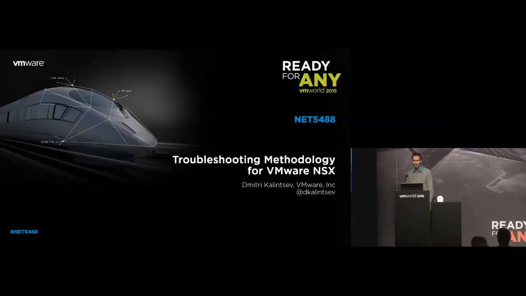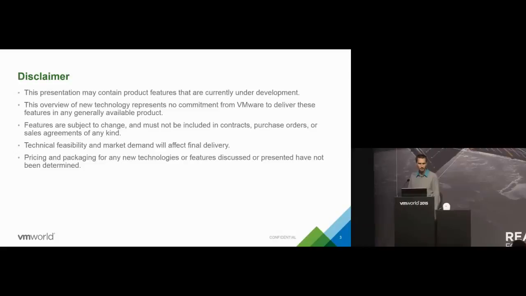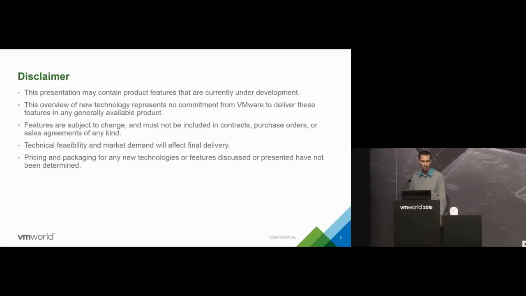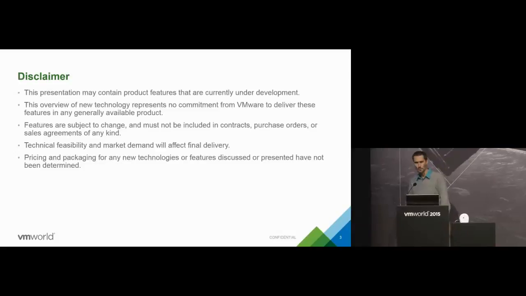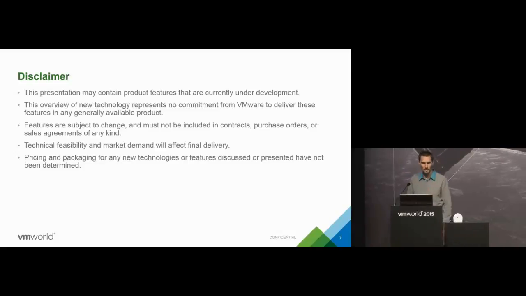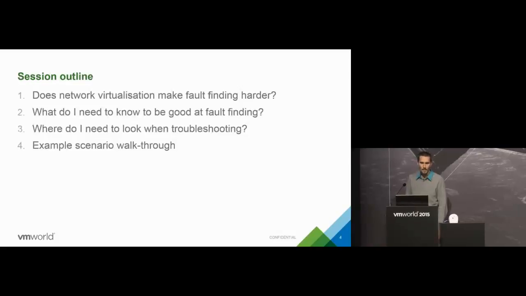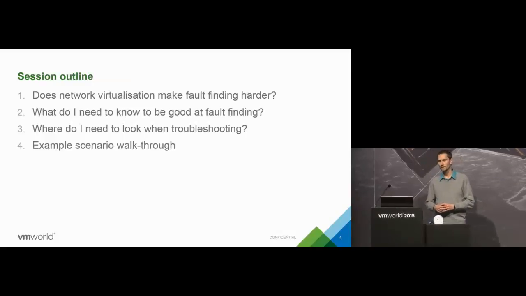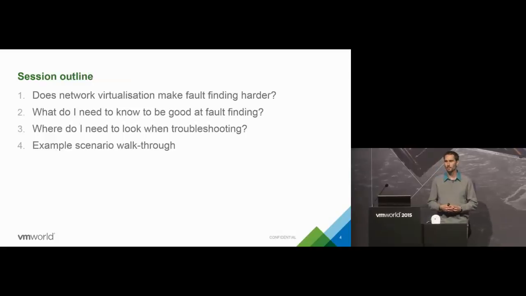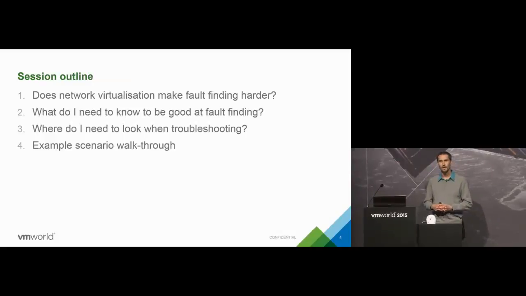So I'm here to talk about troubleshooting of NSX and basically just give you an overall framework for troubleshooting, disclaimers and whatnot. What we're going to cover today is a common question that is asked: does network virtualization make fault finding harder?